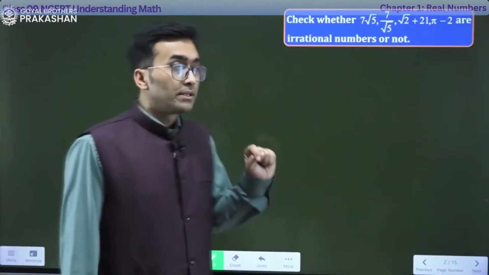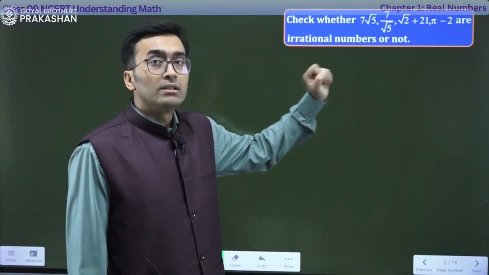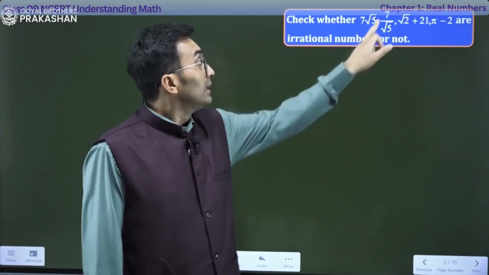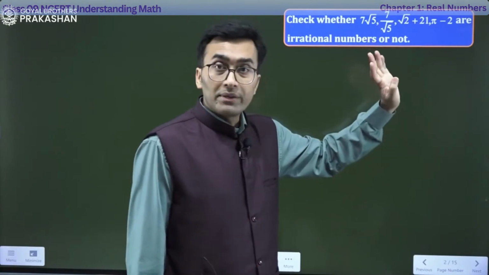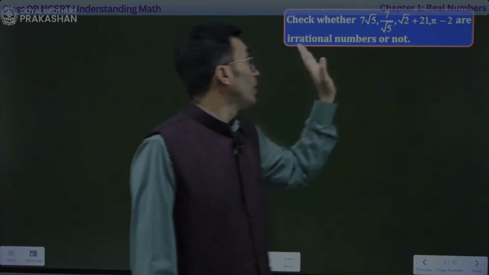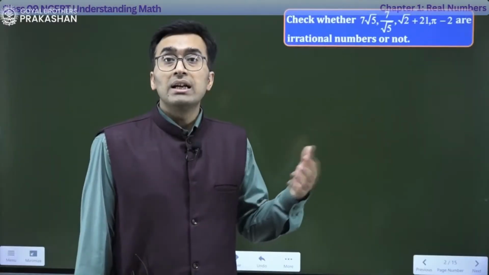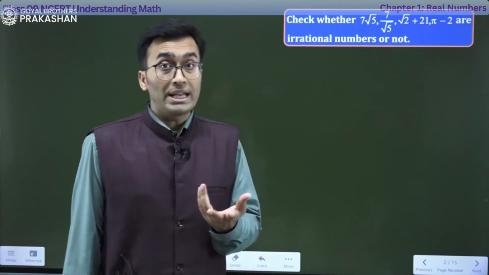In this question, they're saying check whether 7 root 5, 7 over root 5, root 2 plus 21 and pi minus 2 are numbers rational or irrational.